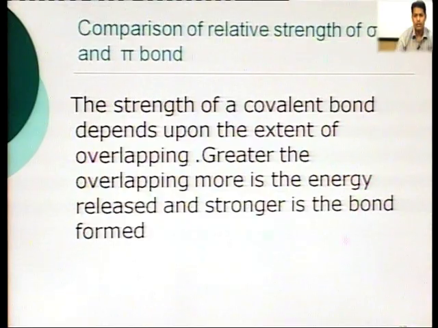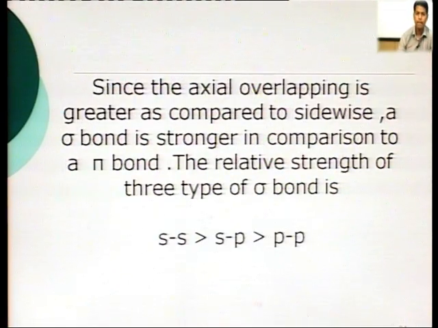Comparison of relative strength of sigma and pi bond. The strength of a covalent bond depends upon the extent of overlapping. The greater the overlapping, the more energy is released and the stronger is the bond formed. Since the axial overlapping is greater as compared to sidewise, a sigma bond is stronger in comparison to a pi bond.